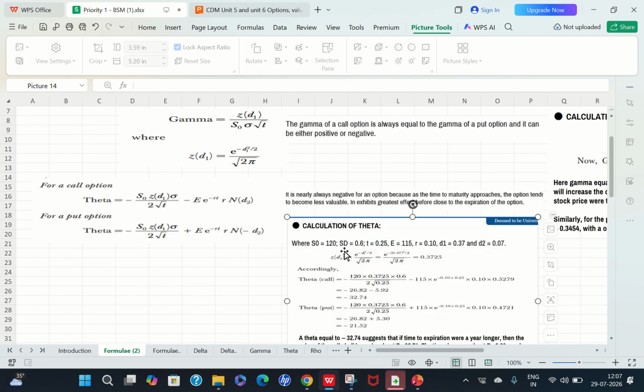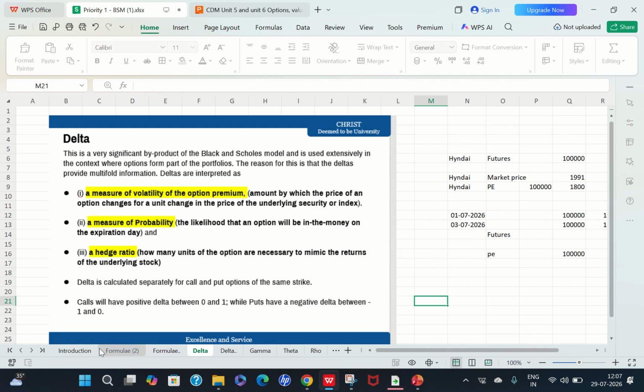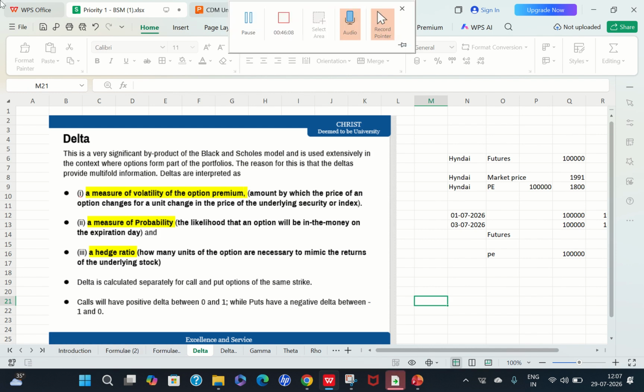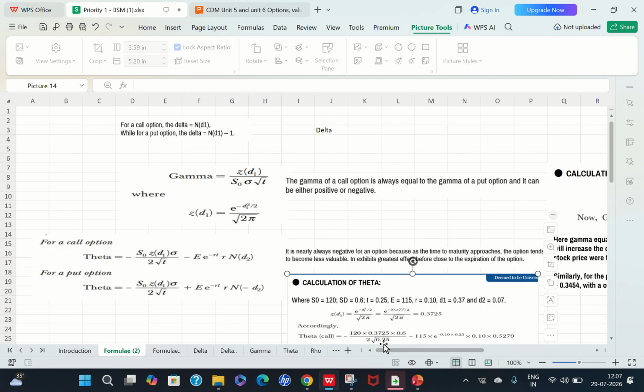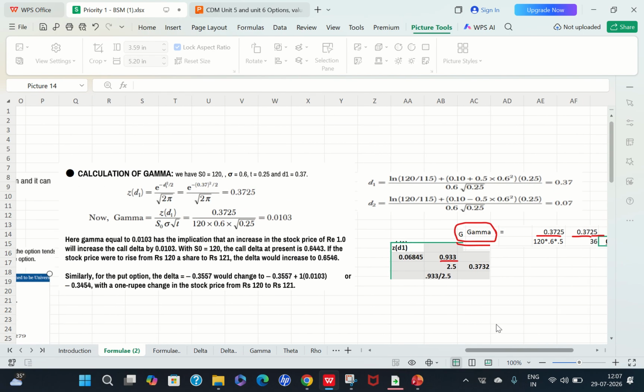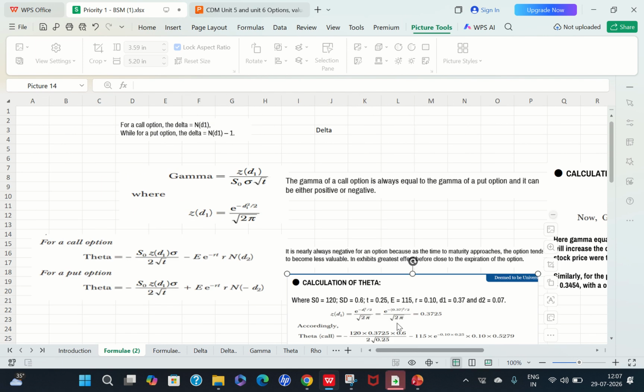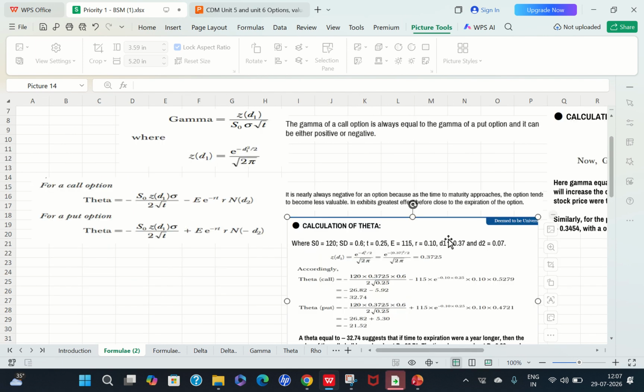S0 is 120, SD is 0.6, T is 0.25, E is 115, R is 0. D1 we know, D2 we know. Yeah. So again, when I say D1, you have to go back to your delta. So you have all the numbers there. D1 is a calculation which we did, 0.37, 0.07. Yeah. So from there you try to grab the numbers.